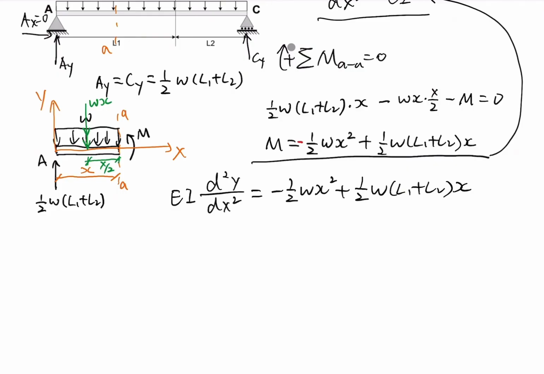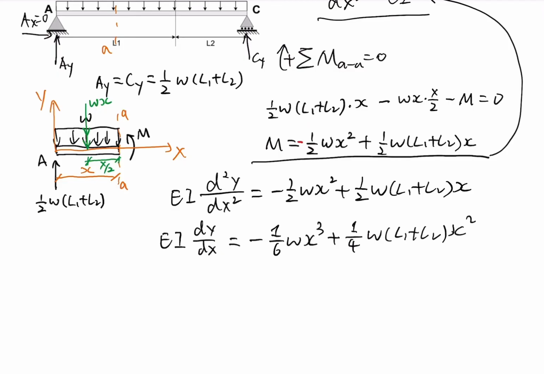We will have EI dy over dx equals 1 over 6 W x cubed plus 1 over 4 W (L1 plus L2) x squared plus C1. So this is the first integration.